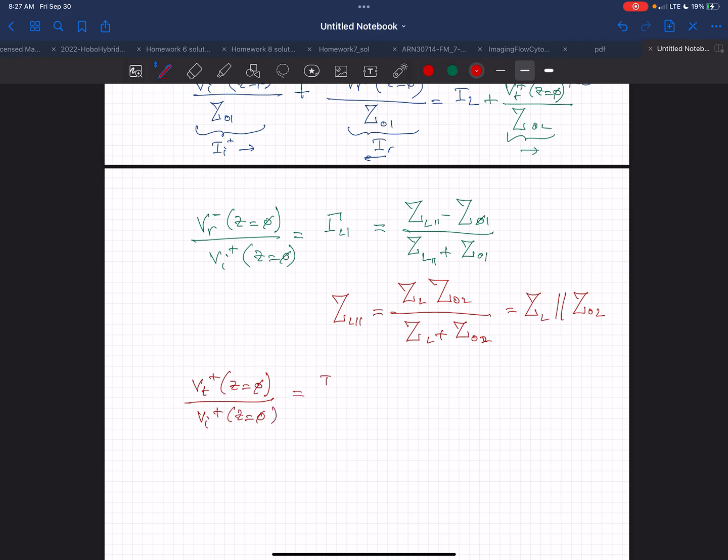This is called the transmission coefficient. It's called tau, and it comes out to 2 ZL parallel over ZL parallel plus Z01.